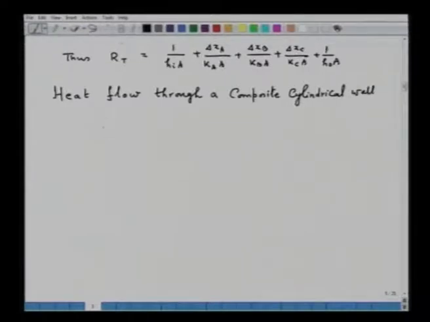Again, here we will consider one dimensional heat flow. One dimensional heat flow, that means the gradient is along the thickness of the wall, that is one.